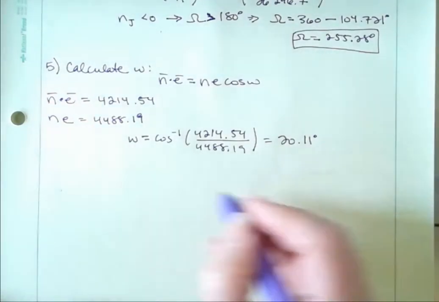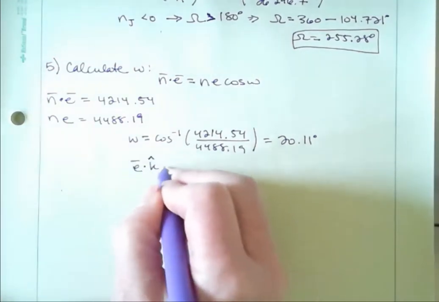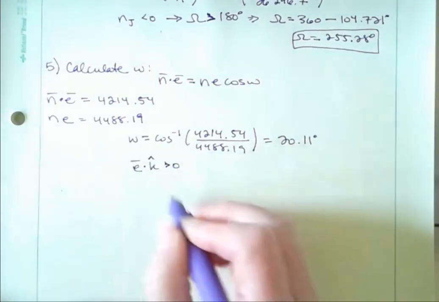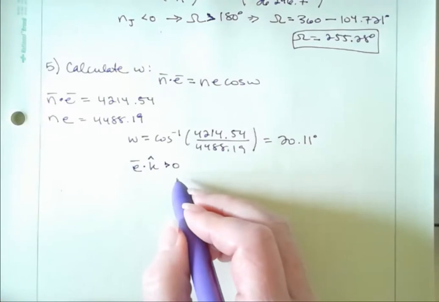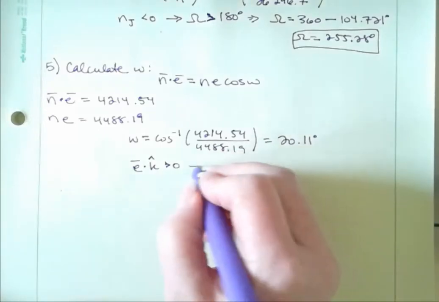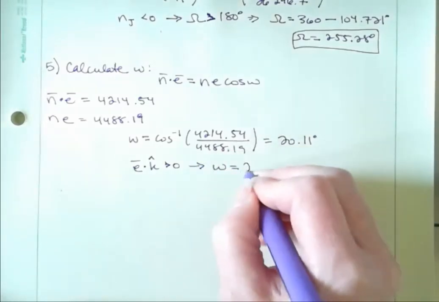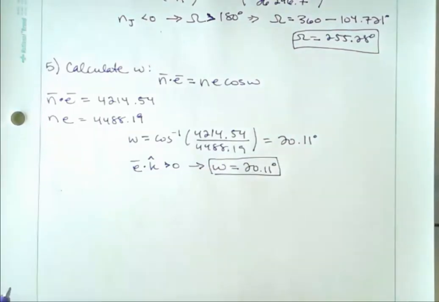So again, this one you need to check and see what the sign is. So we're going to do E dotted with K, which is greater than 0, because the K component of E was 0.026157, so that's a positive number. So that means this omega value is good, so we can have 20.11.